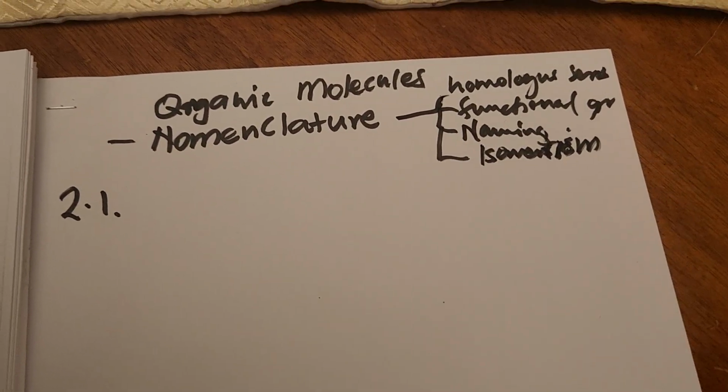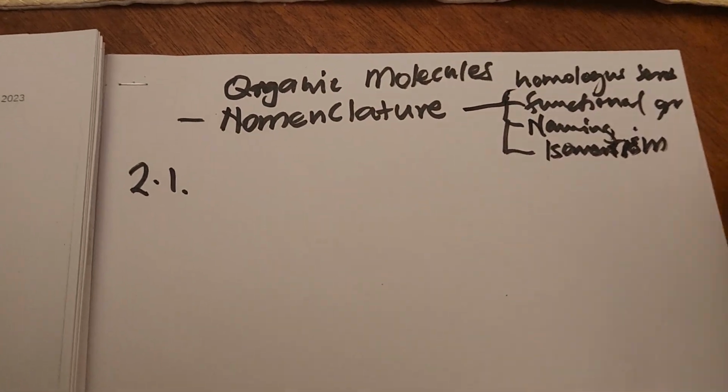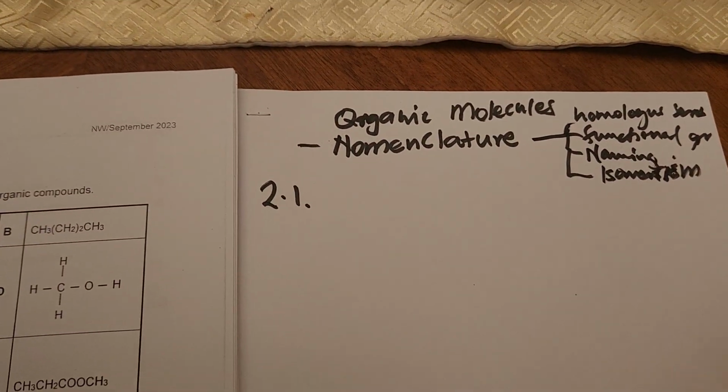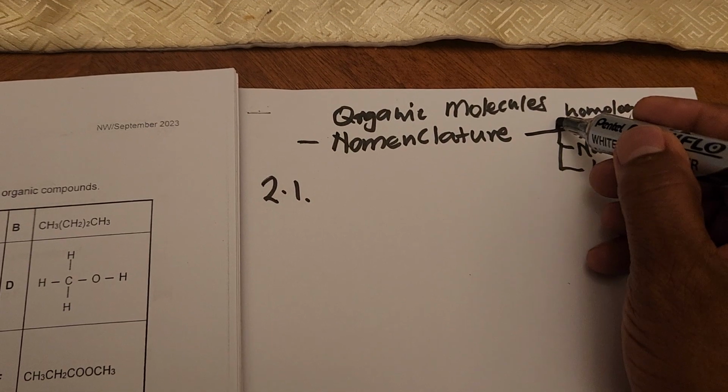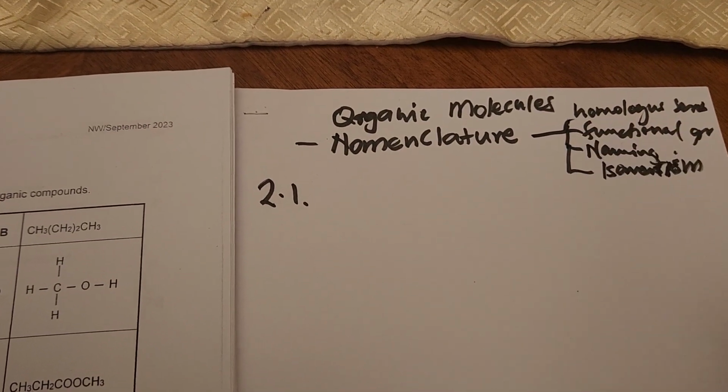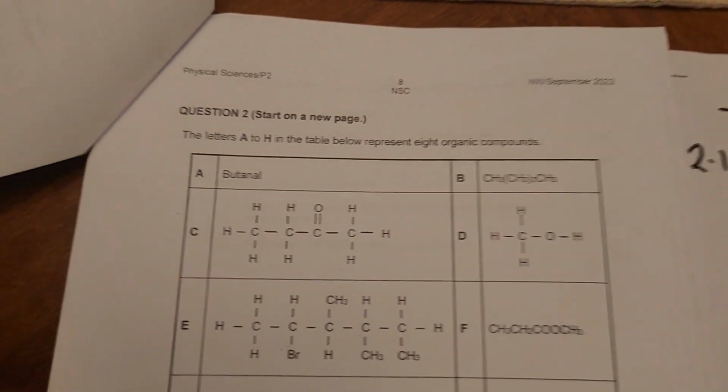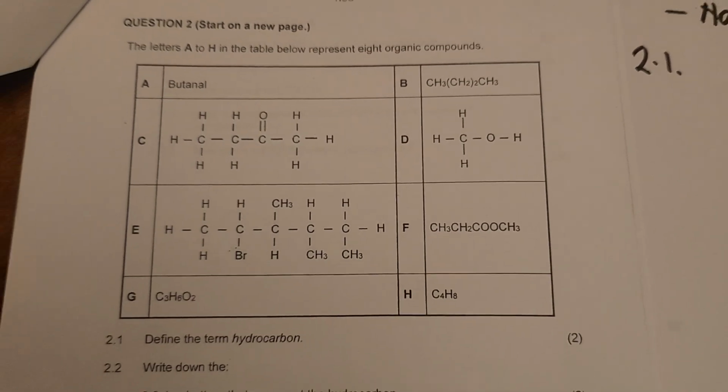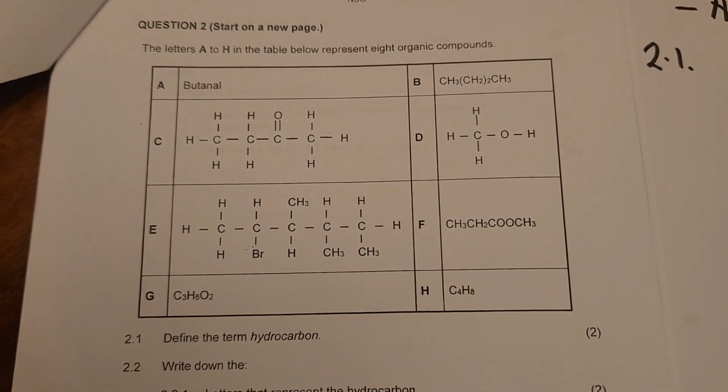So you must know the 4 types of isomers, from the umbrella to the other ones. Here's a question paper which is very recent.